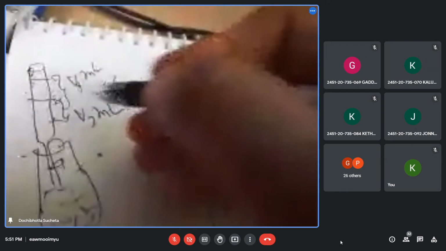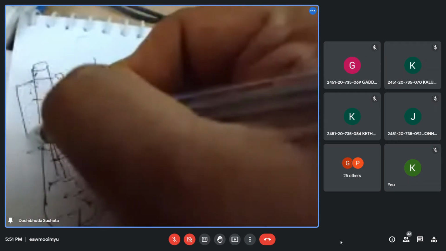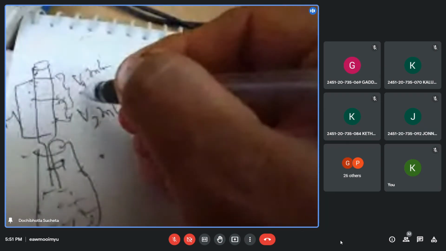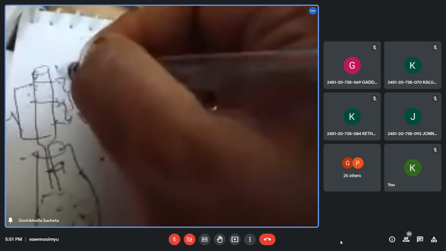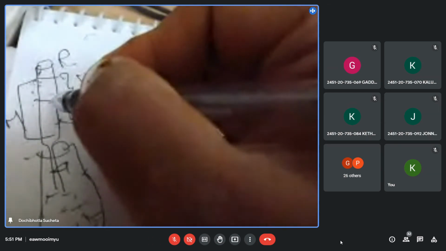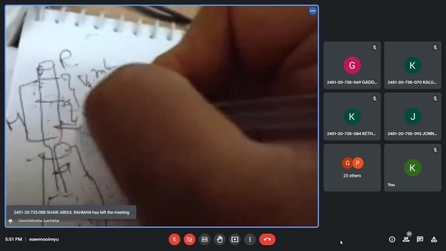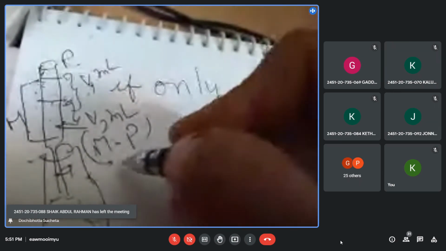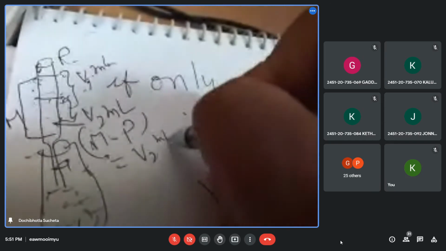Till this point I have P, so this volume will be M minus P, which is nothing but V2 ml.